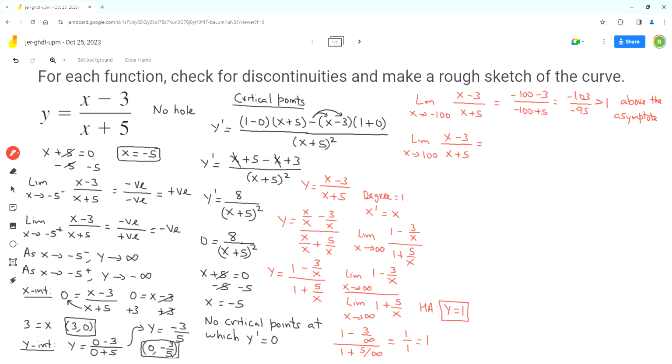We apply the limit and sub in x as 100, so 100 minus 3 over 100 plus 5, which is equal to 97 over 105, which gives us a value less than 1. So that means on the right side of the x-axis, the graph approaches the asymptote from below. So the curve is below the asymptote.